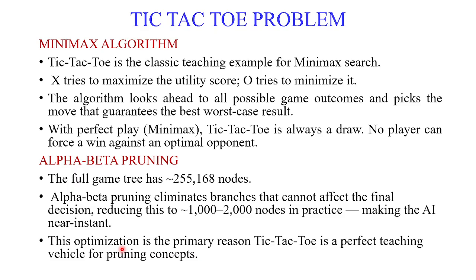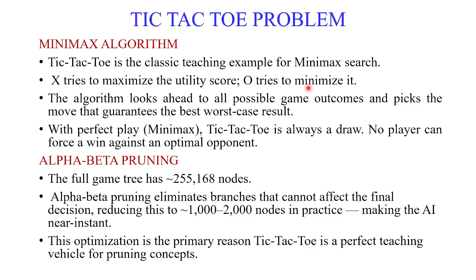Maximizing the utility score means X wants to win the game. If O tries to minimize it, then O wants to win the game, which means driving the utility down to -1. So the algorithm looks ahead at all possible game outcomes and picks the move that guarantees the best worst-case result.